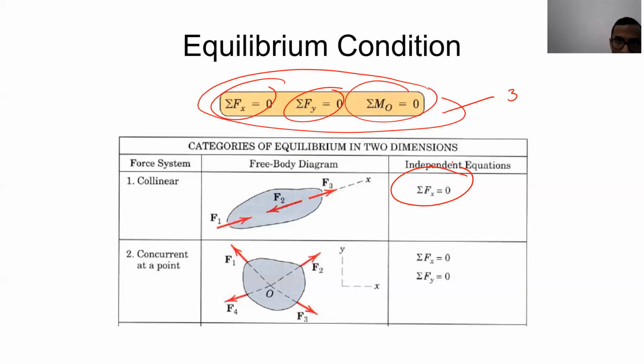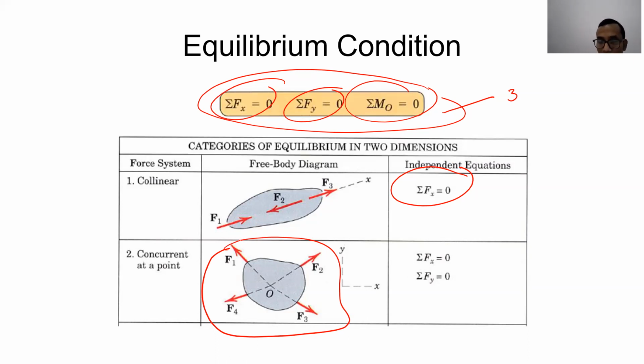The second one is a free body diagram example when the force system happening on the stone is concurrent at a point. What does it mean?